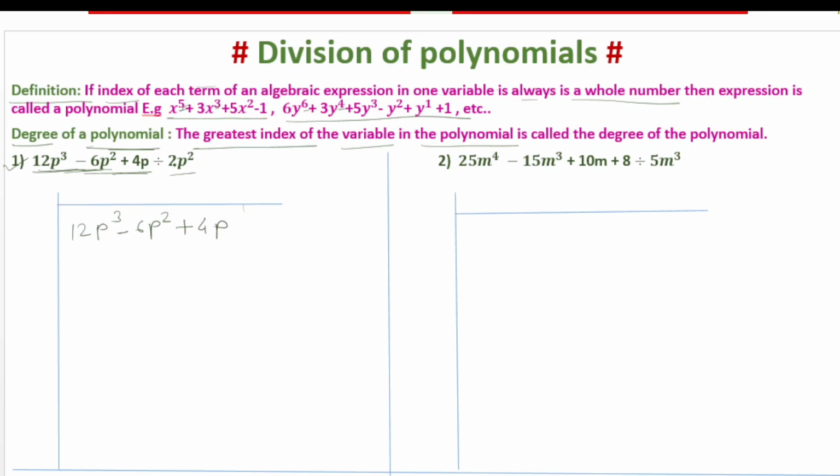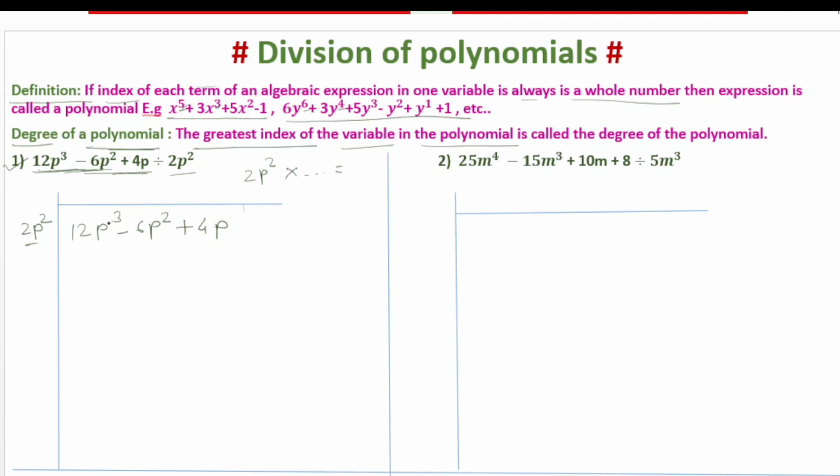This polynomial is divided by 2p square. How do we divide? Here the divisor is 2p square.